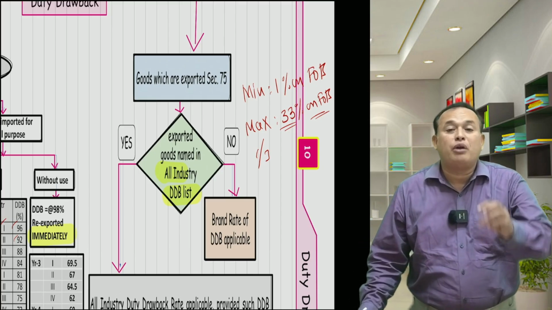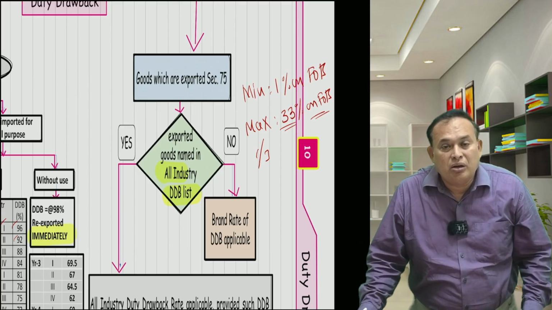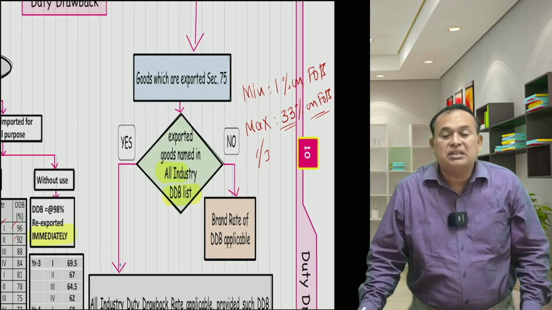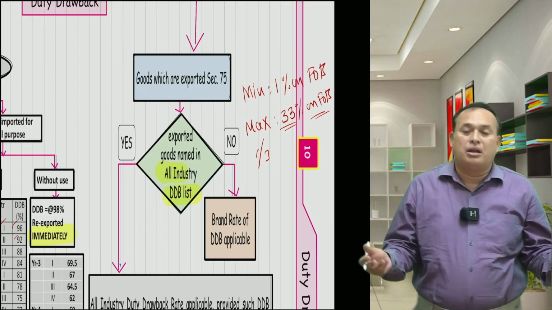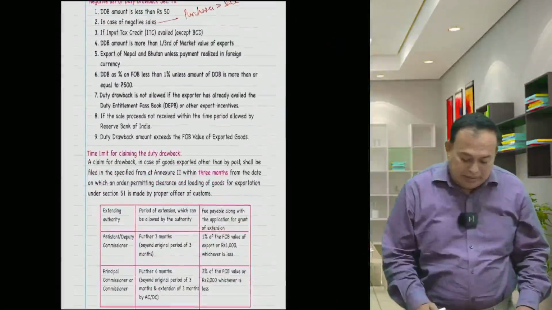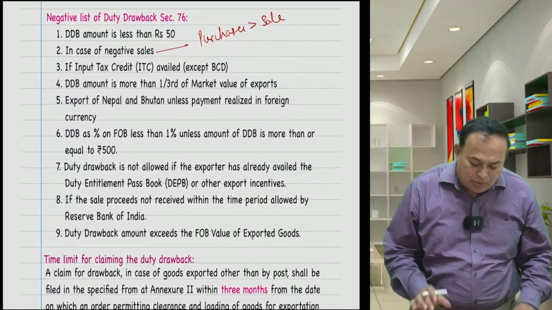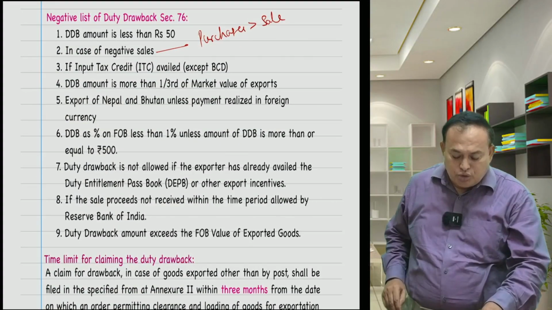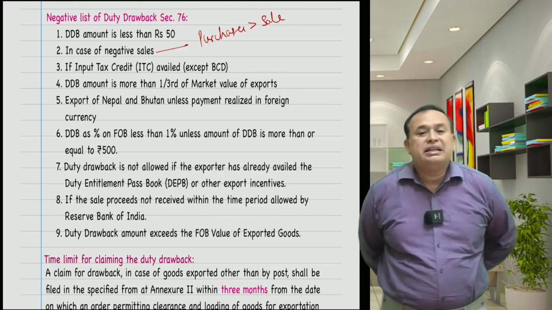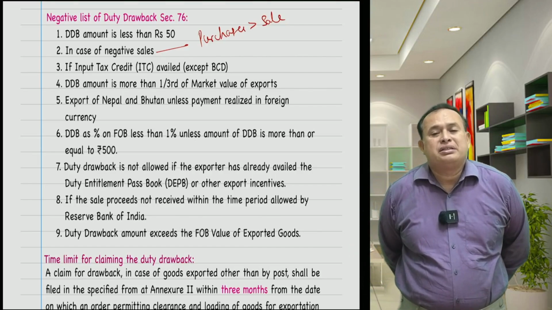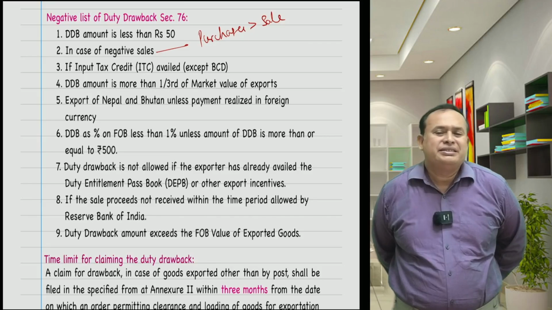If the duty drawback amount you claim exceeds 1/3 of the market value, then over and above 1/3 of the market value, duty drawback is not allowed. Further, duty drawback is also not allowed if you export the goods to Nepal and Bhutan where the payment is realized in Nepali rupees or Bhutanese currency.